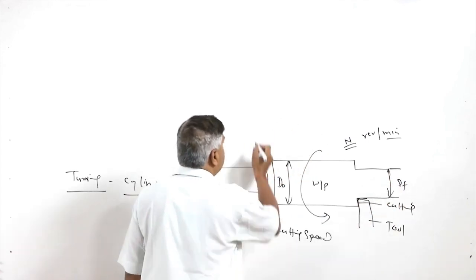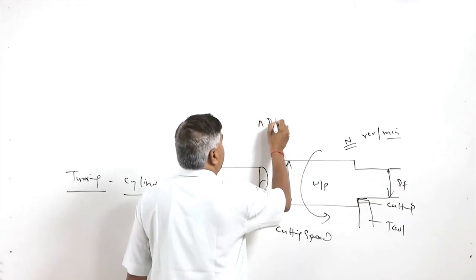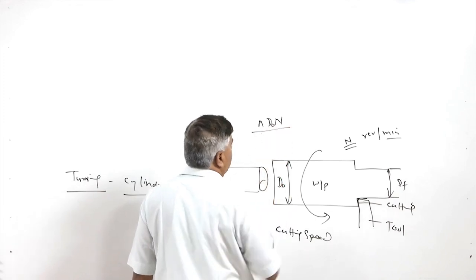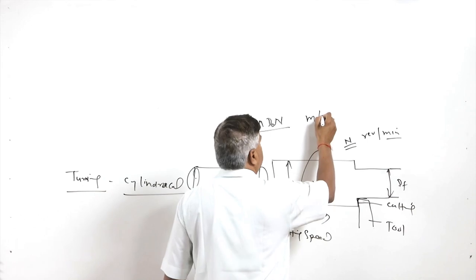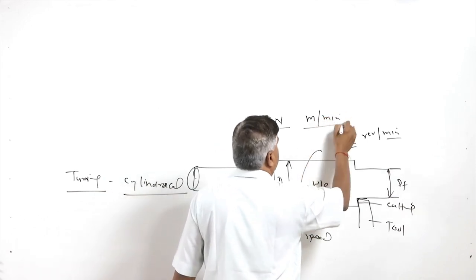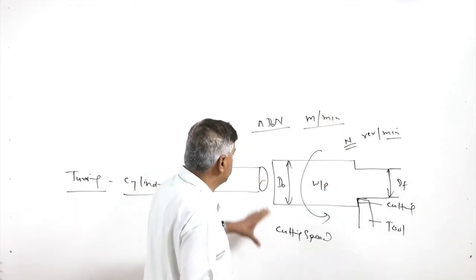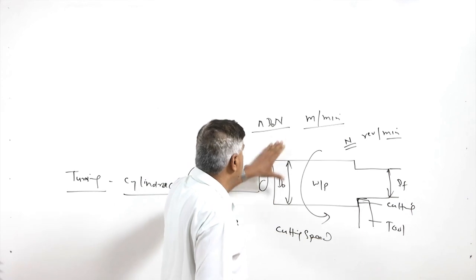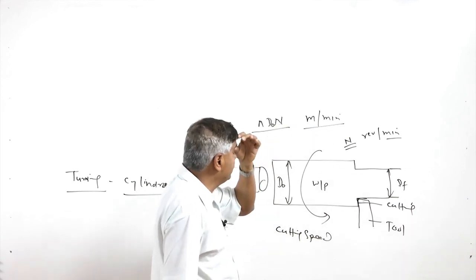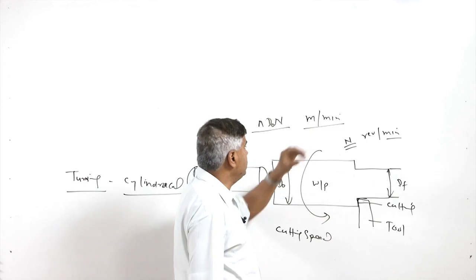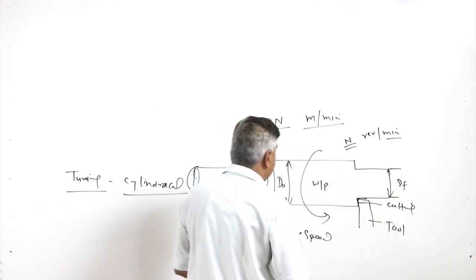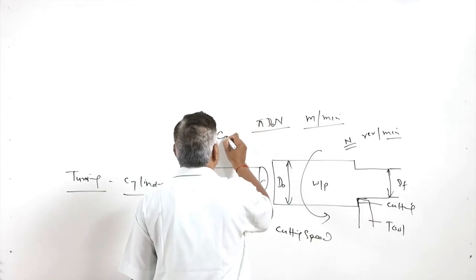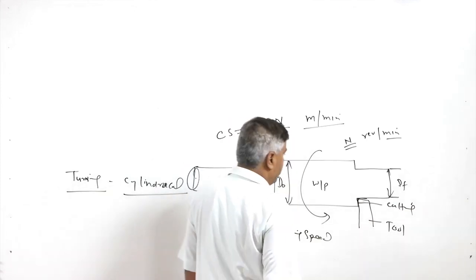Then pi D n will give us the cutting speed in meter per minute. The diameter is in meters and the RPM is in revolutions per minute, so pi D n will simply give us the cutting speed in meter per minute.